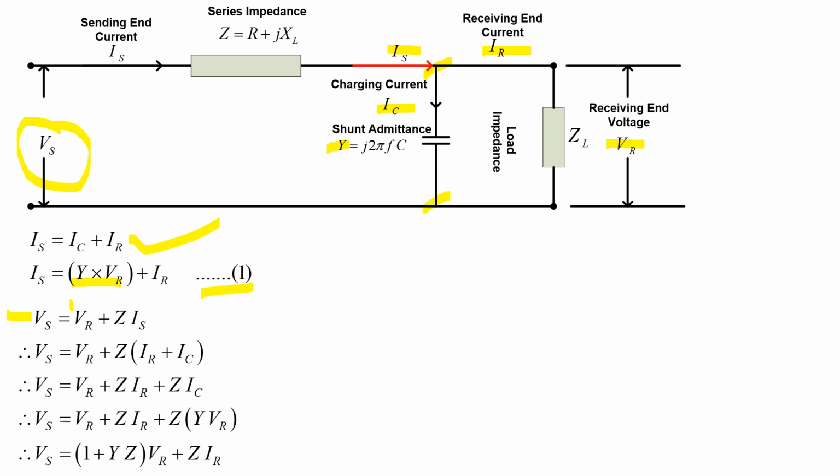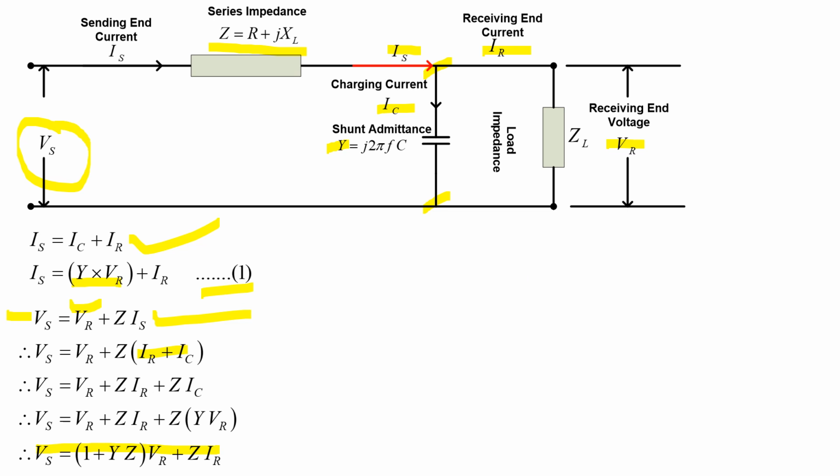So this is VR, and if I add the drop across this, then I can get the Vs. So Vs is equal to VR plus drop across this series impedance, which is nothing but Is into Z. So I can write down this expression, Vs is equal to VR plus Z into Is. But I know that what is Is? Is is equal to IR plus IC. Put the value of this IR plus IC and simplify it, you will get the expression of Vs here.